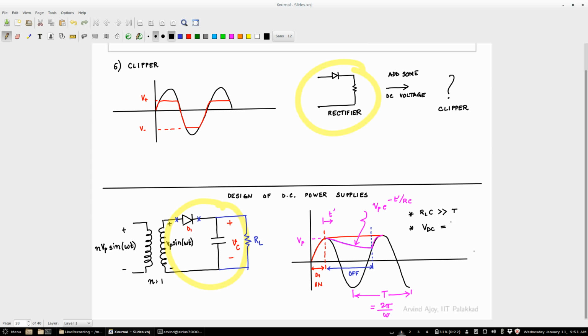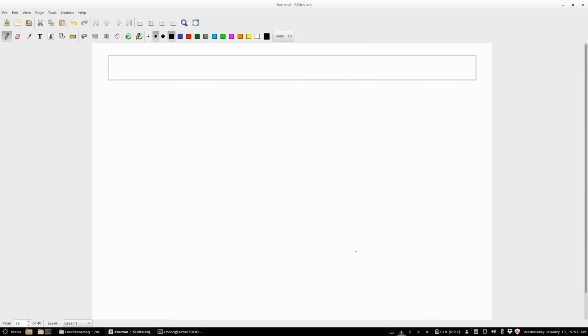And what's the DC value then? It's Vp, yes. Because you put this capacitor there, you don't worry about Vp by pi and 2 Vp by pi and all of that. It's roughly Vp.